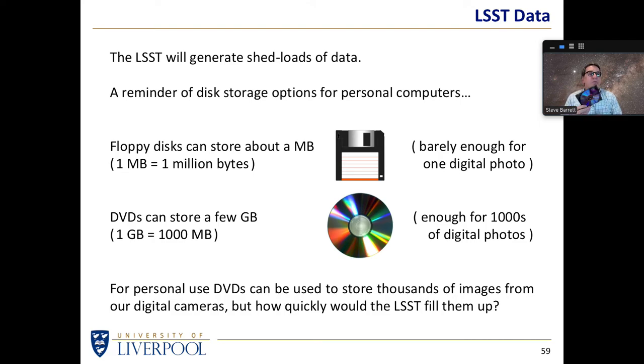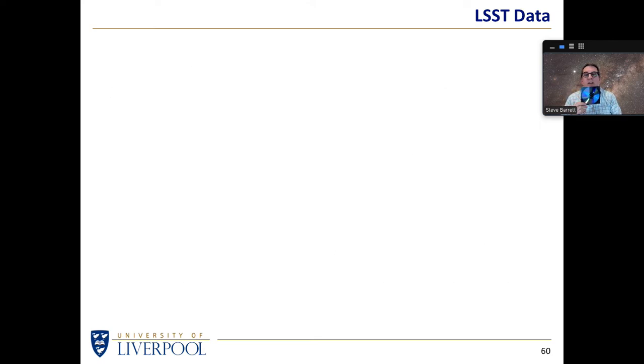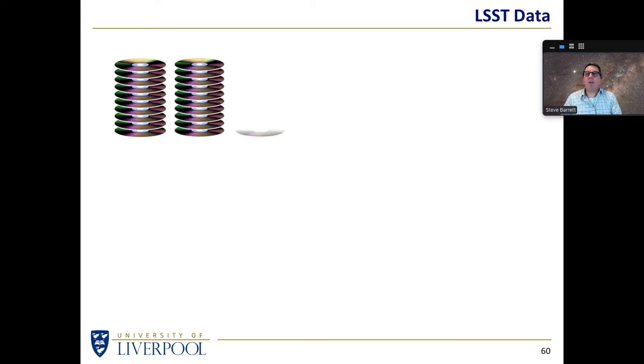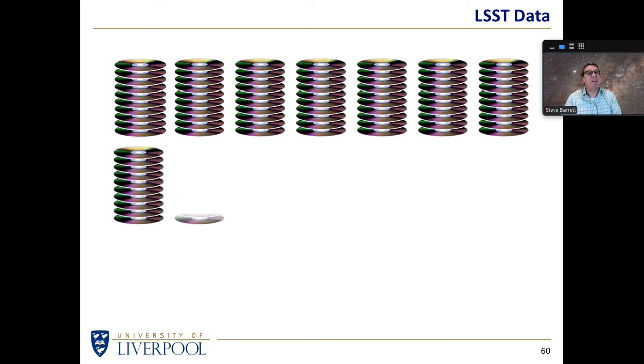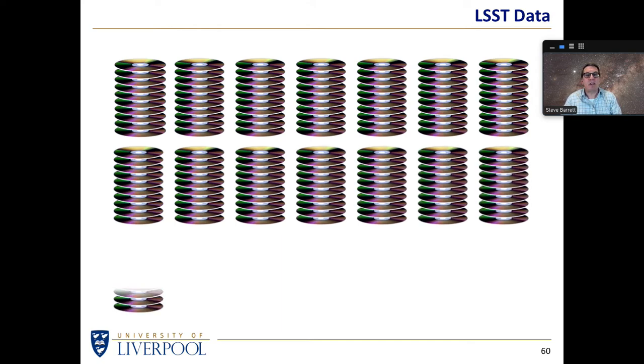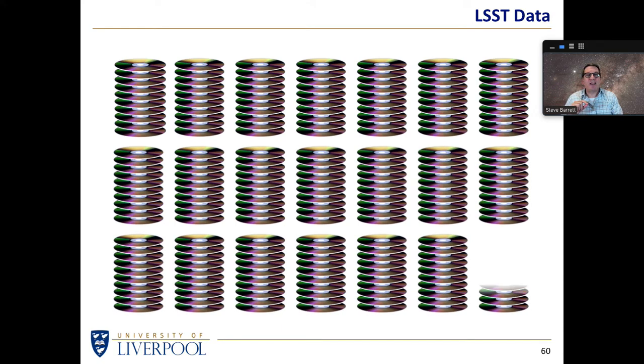But if, ridiculous though it sounds, we decided to store the output of the LSST on something like DVDs, how many could it possibly fill up? How long would it take the LSST, if it stored its data on DVDs, something like 4 gigabytes per disk, to fill up that much data?